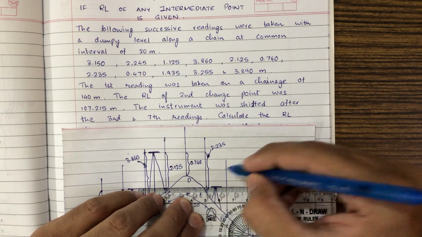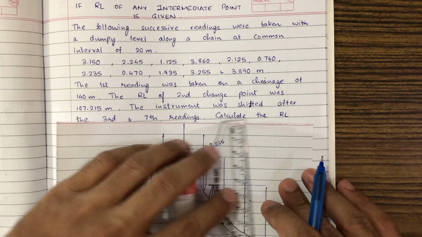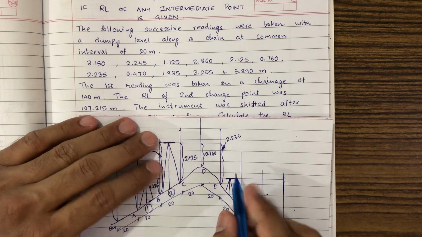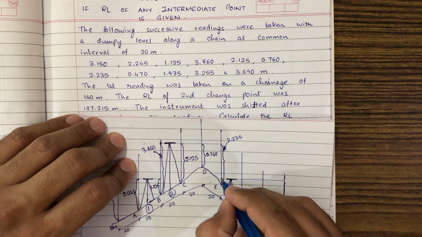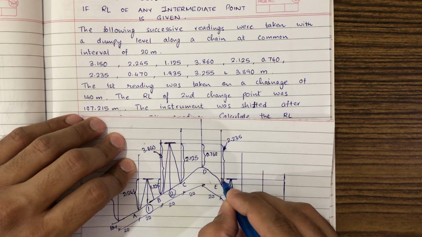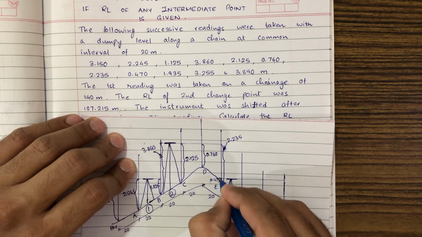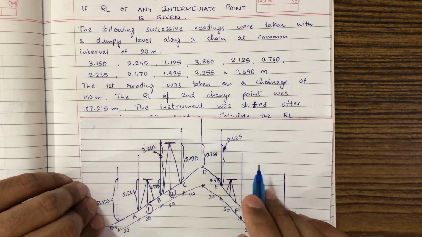So on the leveling staff, this reading comes out to 0.470. Fine, after changing its position.